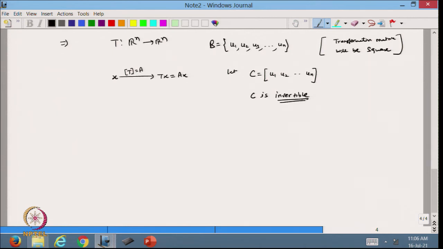This we know is linearly independent, so it is an invertible square matrix. Now, from here I apply my C inverse to this x and I get the coordinate of this x with respect to the basis. So, C is a change of basis matrix.